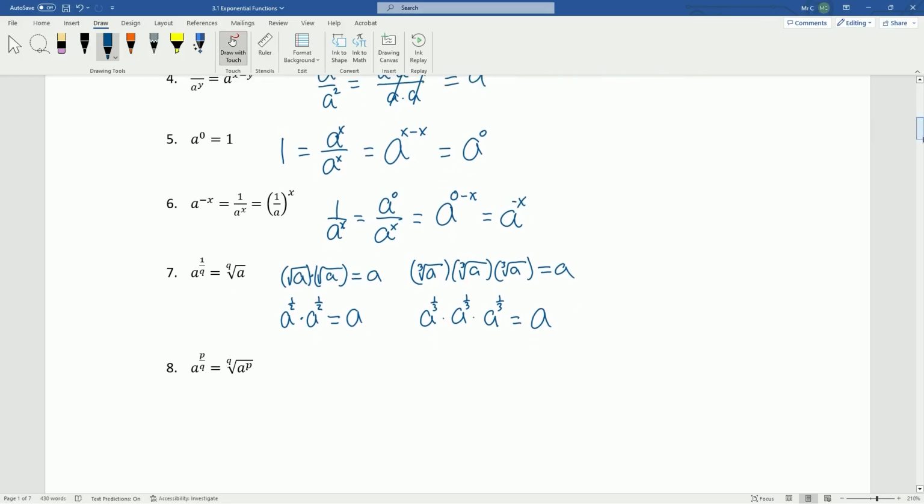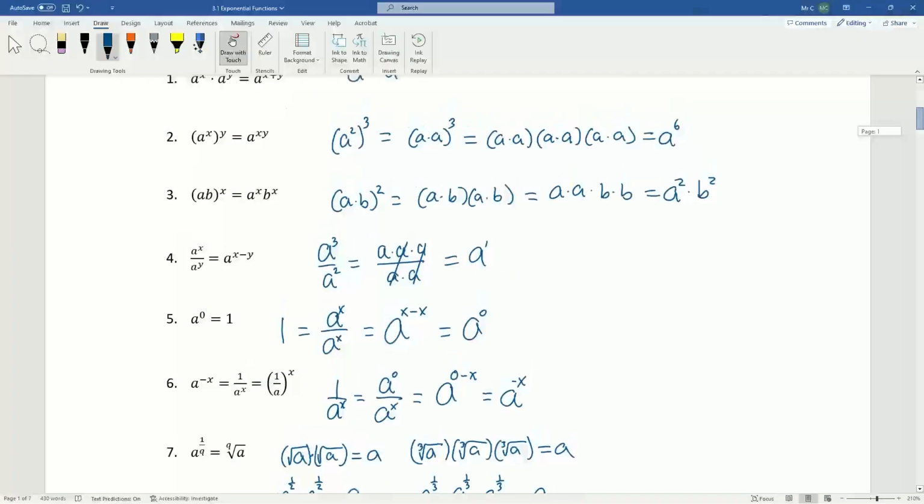Okay, and Rule 8 is just a combination of Rule 7 and our previous rule about exponents raised to a power. So if I take a to the p over q, I can rewrite that as a to the p times 1 over q. And that's a to the p to the 1 over q power.